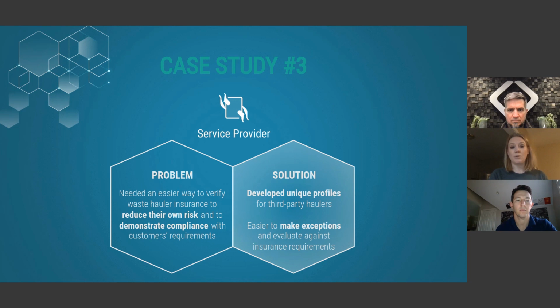And with our platform, they were able to distinguish those requirements so that they could see when someone met each of the different customers' requirements as well as their own, and can not only demonstrate to themselves that everything is good, but if their customer asked, show me that you are meeting my requirements, and one of these was from one of the largest retailers out there, they were able to easily turn over that information to provide for an audit, other things, and keep track.